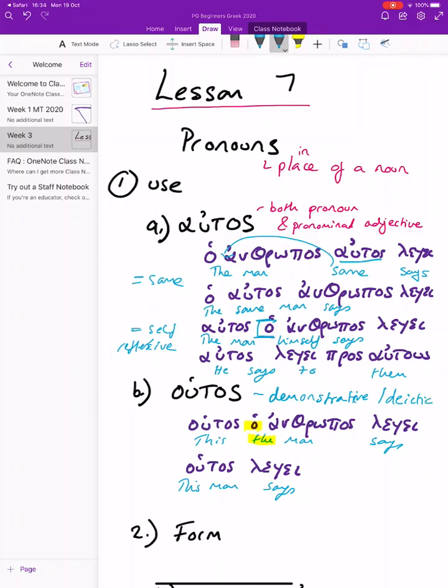The verb deiknoumi in Greek means I show, which is the same as demonstro in Latin. So deictic pronouns are the Greek equivalent of demonstrative pronouns. So you'll see the language of both deictic and demonstrative used in commentaries.